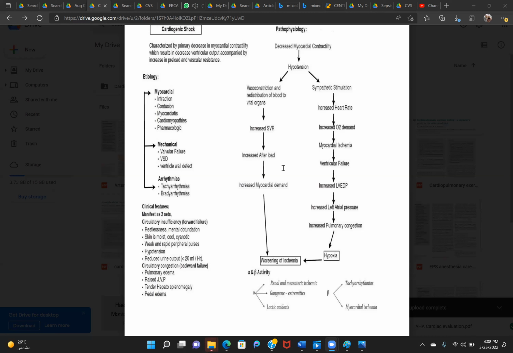Okay, but the thing which you will be dealing with is how to do the bridging. You will be doing the bridging according to risk versus benefit. You have to put on one side the risks if you stop it, and on the other side the risk for bleeding.